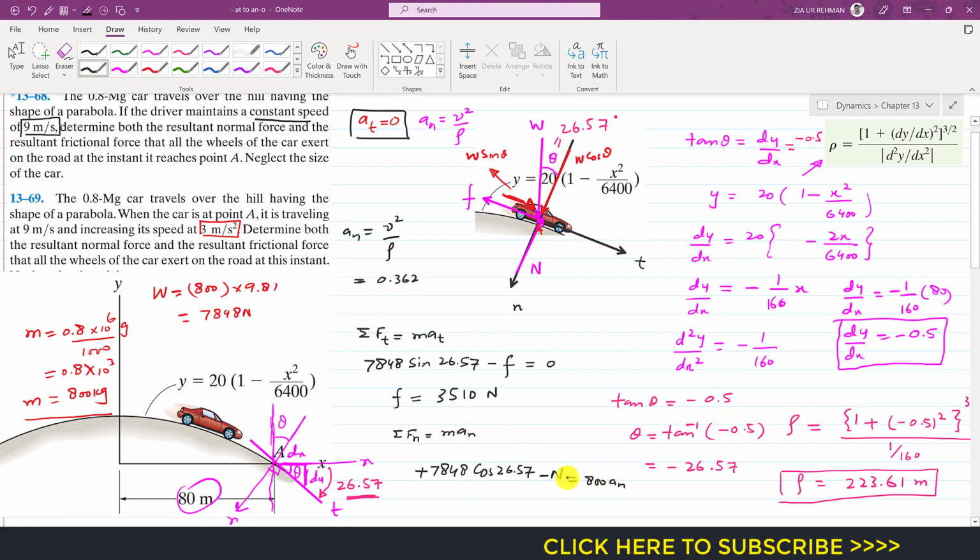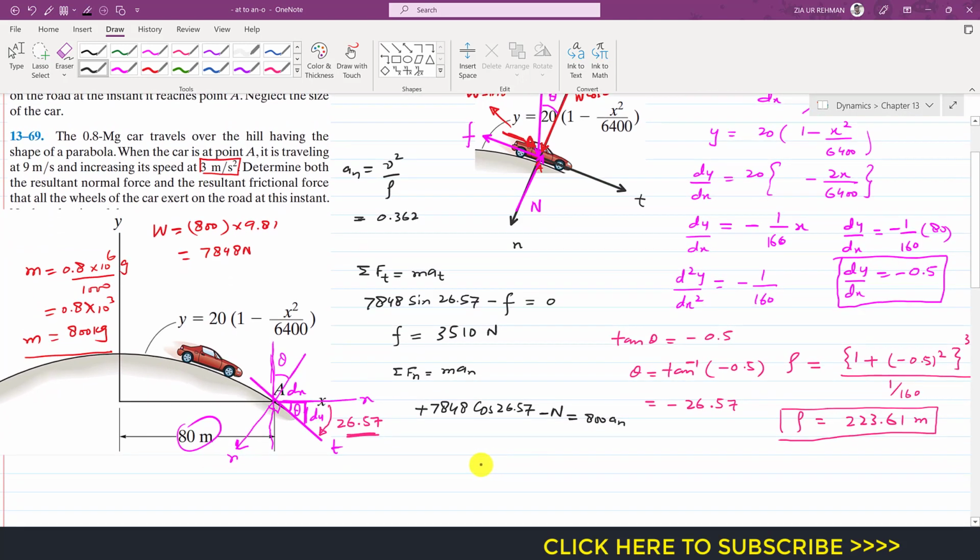So now I can put that value in this equation. So we can write that this is 7848 cos of 26.57 minus N, and this is 800 times a_n, which is 0.362. So we can find this N.